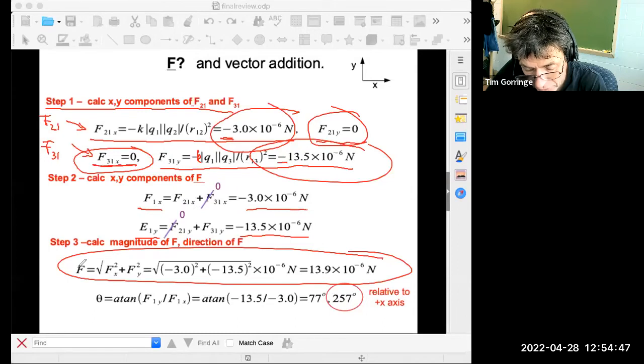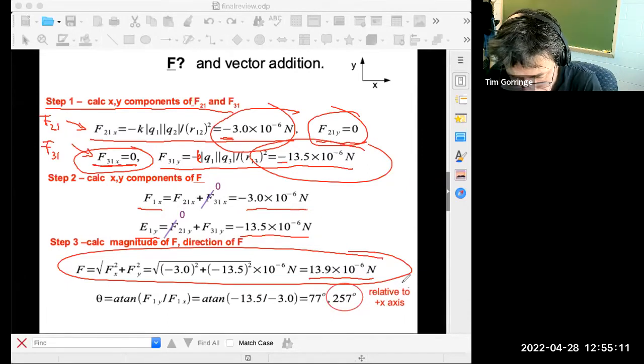So all I have to do is square the magnitudes of the x and y components, add them together, and take the square root, and I get the magnitude of the resulting force. And here it is, 14 times 10 to the minus 6 newtons.